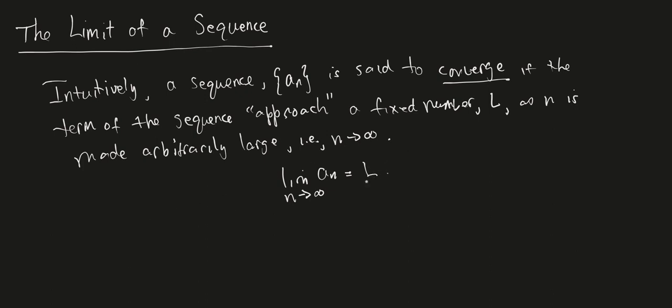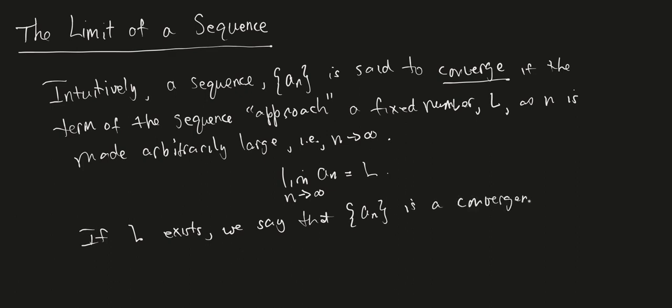So if L exists, we say that our sequence a sub n is a convergent sequence, or that it converges, right? We already said that, but we describe it as a convergent sequence.